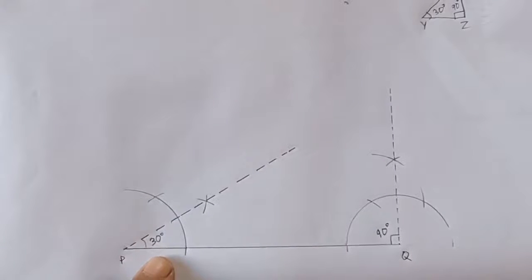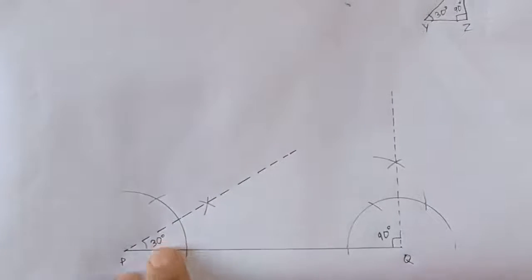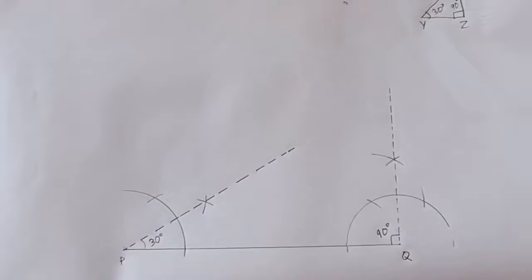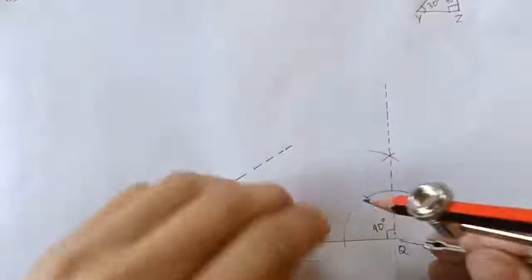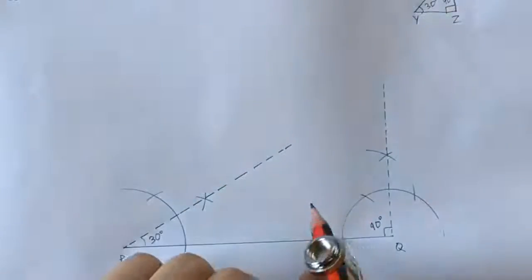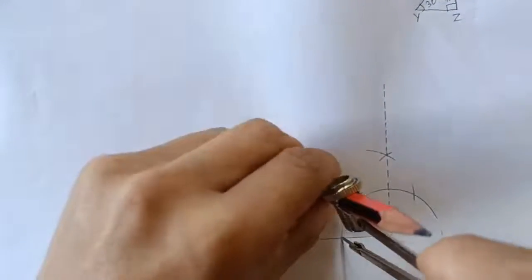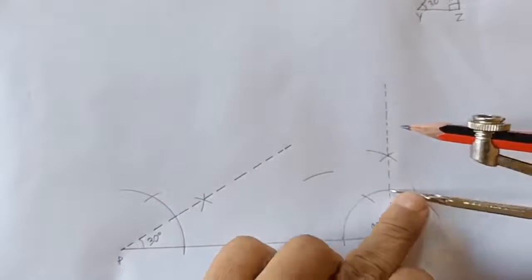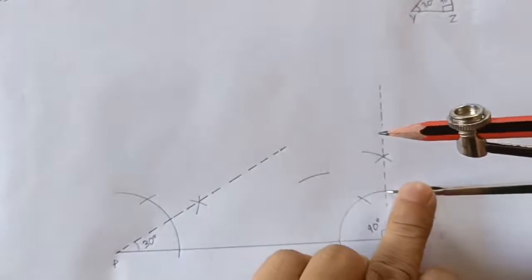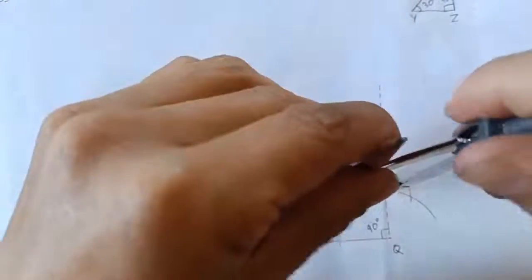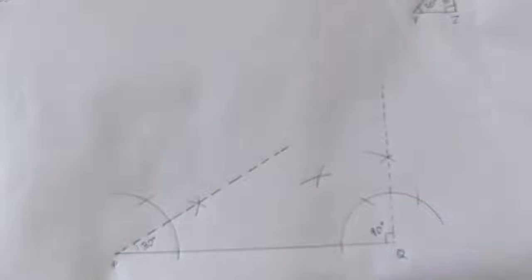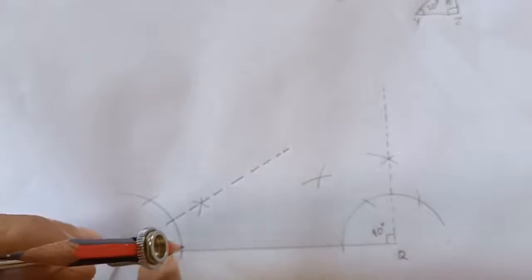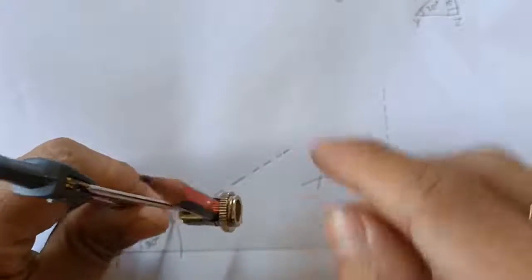Now let me again bisect these two angles, that is the angle of 30 degree and 90 degree. So to bisect these two angles with center at this point, let me draw an arc like this, and again at this point as center, let us draw an arc intersecting the previous arc. Again, for the angle of 90 degree, let us bisect this angle.